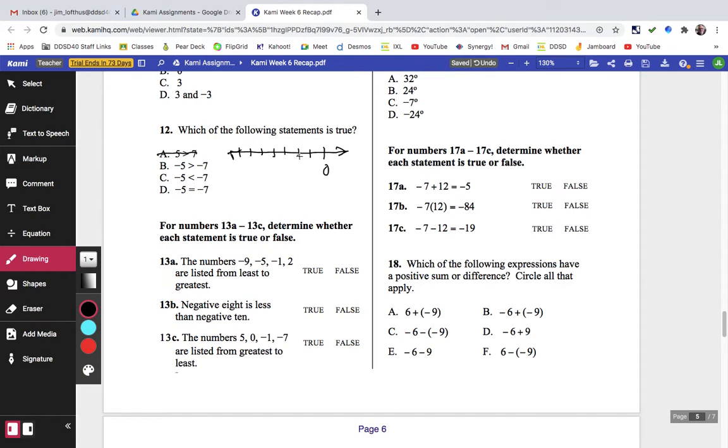So 1, 2, 3, 4, -5, -7. So this one is true. We'll just double check the rest of them. -5 is not less than -7 because it's to the right of it. And -5 is certainly not equal to -7. Okay, so that's the answer key for problems 1 through 12.